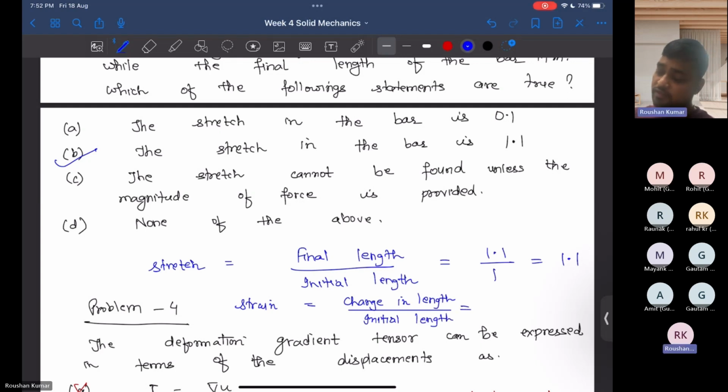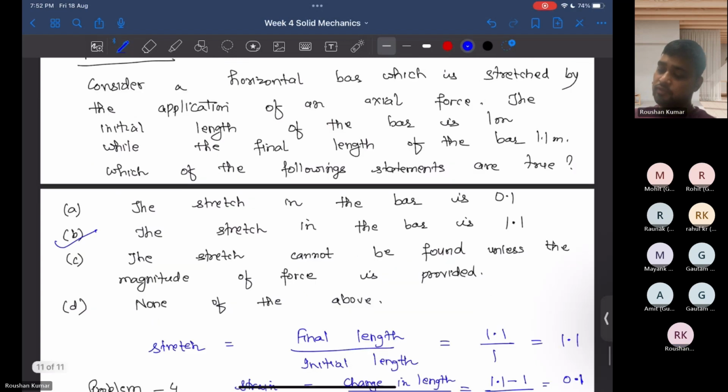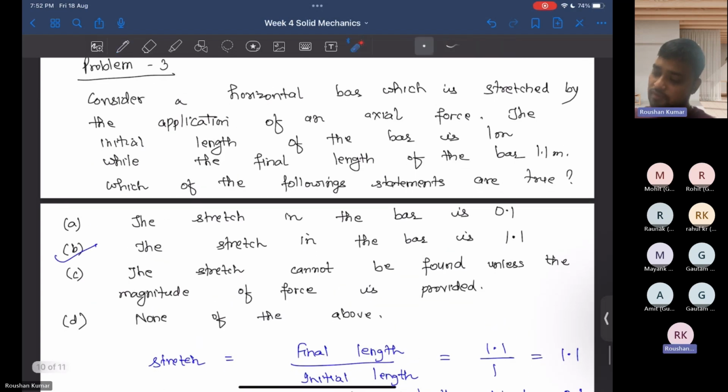The change in length is final length minus initial length. The final length is 1.1 and the initial length is 1. So it comes out to be 0.1. So the first option will be correct if we ask about the strain value.